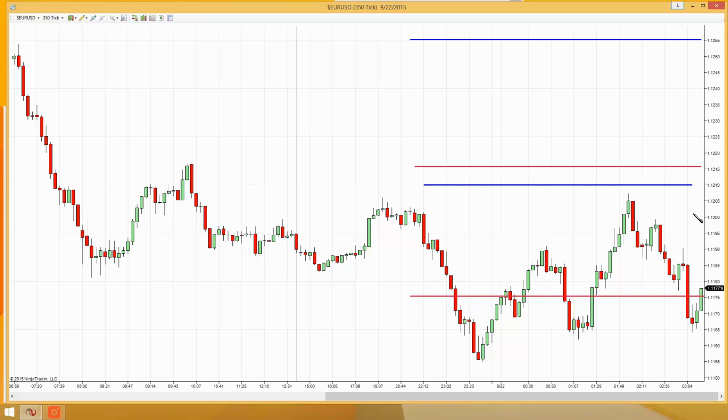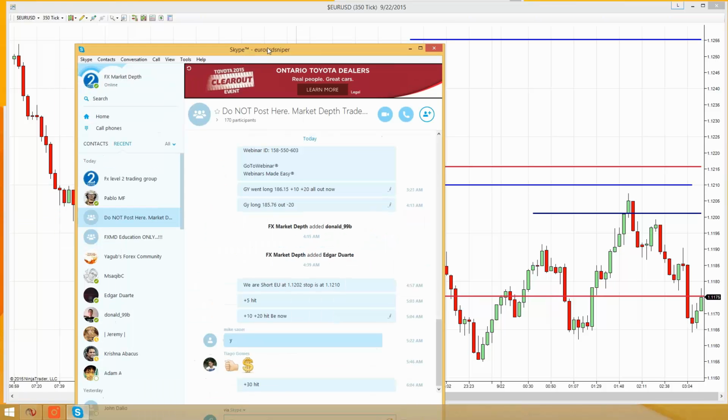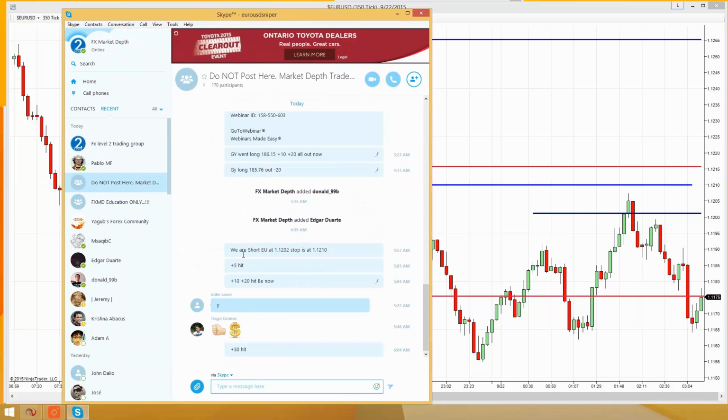What I did was at 12.02 I called and I said I'm gonna go short. I put my stop at 12.10. I want to show you this. At 4.57 I said we're short euro at 12.02, stop is at 12.10.